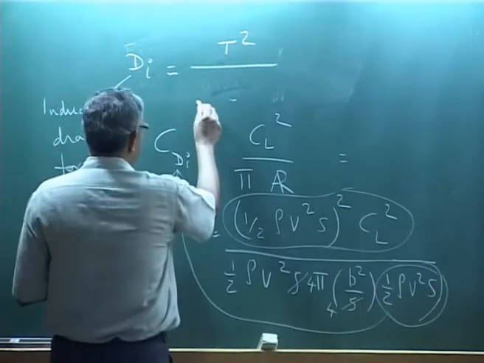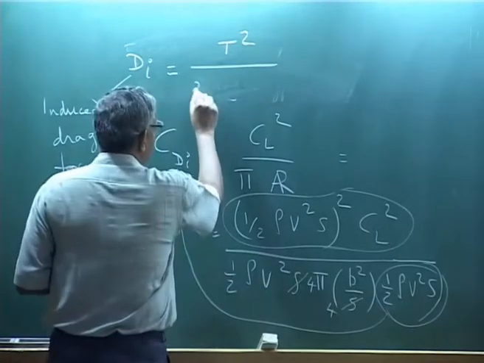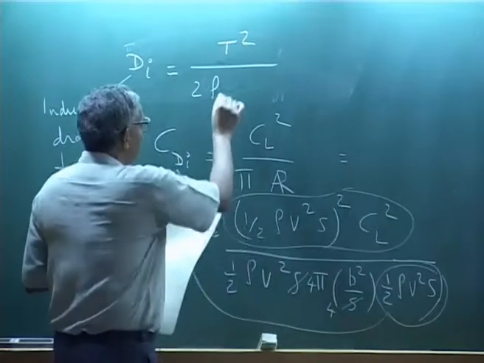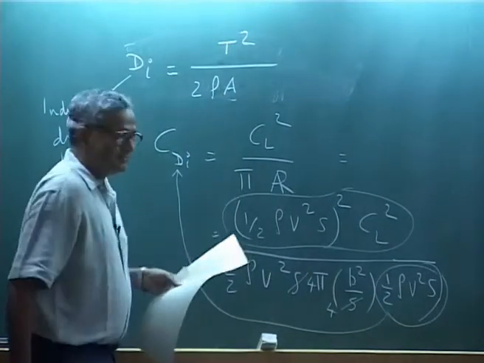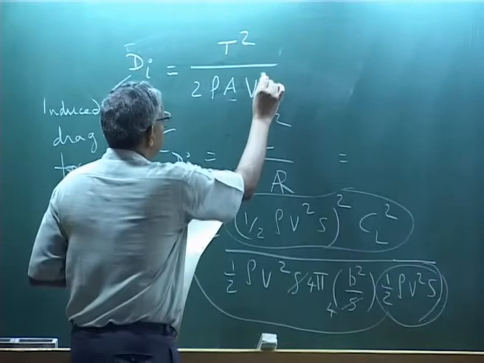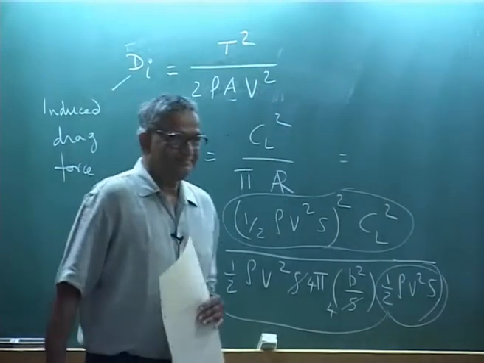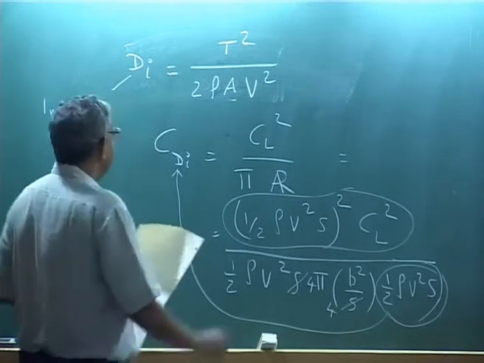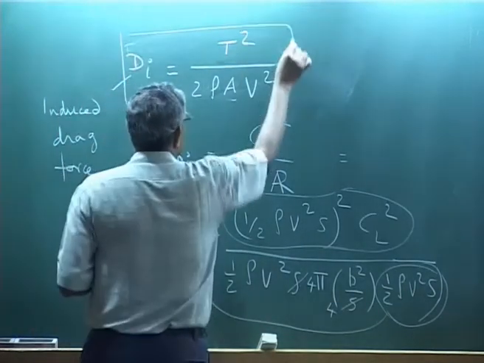The 4 becomes 2 rho area v square. Is it clear? Now my induced drag force is this expression.